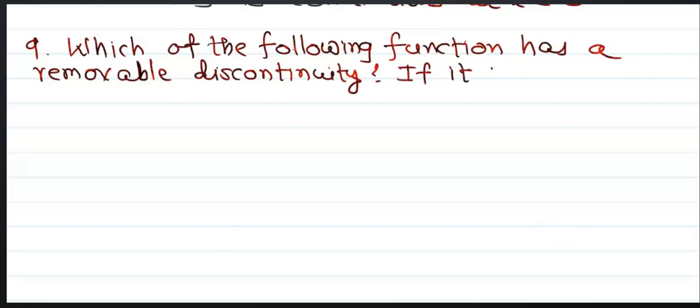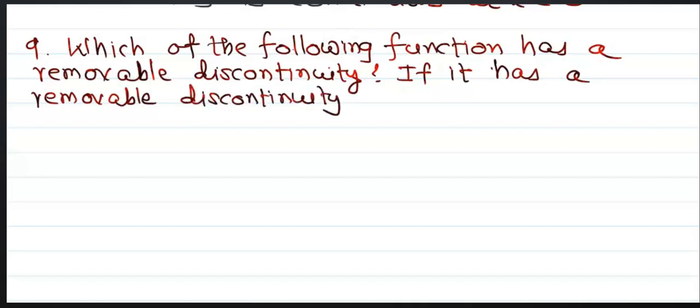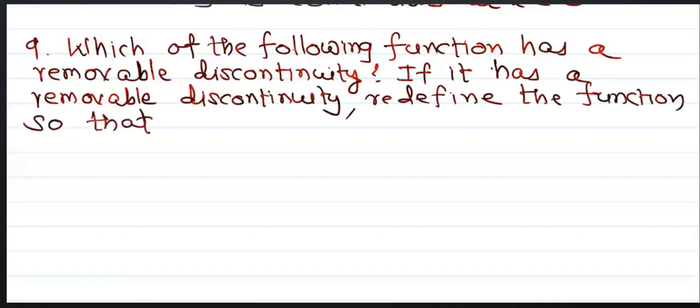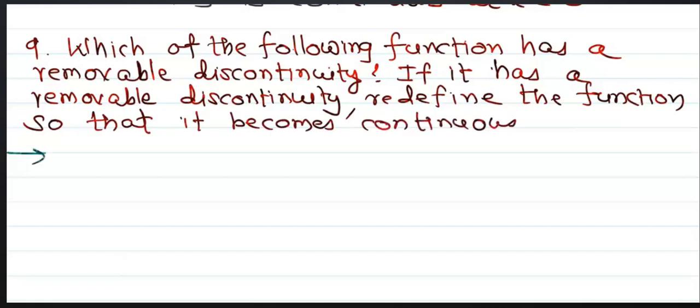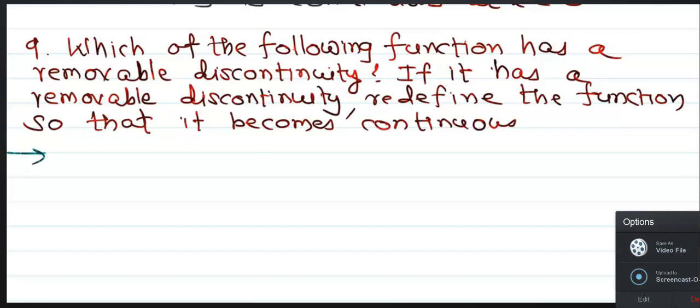If it has a removable discontinuity, redefine the function so that it becomes continuous. म्हणजे काय की यामध्ये आपल्याला डिफाइन करावं लागणार आहे की आपण लिमिट तर चेंज करू शकत नाही. मग काय चेंज करू शकतो? तर व्हॅल्यू ऑफ द फंक्शन त्या पॉइंटला आपण चेंज करू शकतो. म्हणून तो असं म्हणतो की रिडिफाइन. सी दिस. रिडिफाइन म्हणजे काय की जे लिमिट असतं ते डिफाइन करणार त्या पॉइंटला ती व्हॅल्यू आपण डिफाइन करणार.